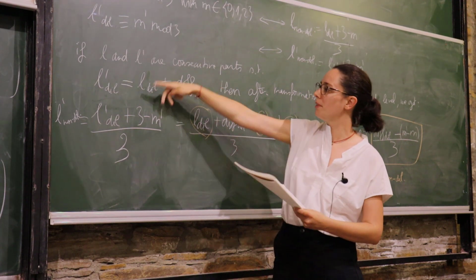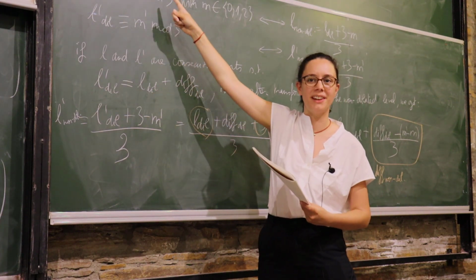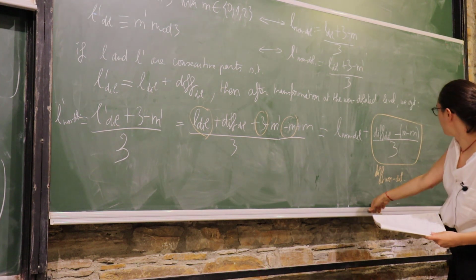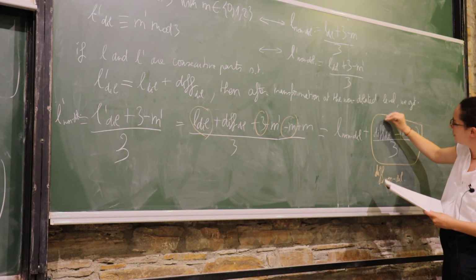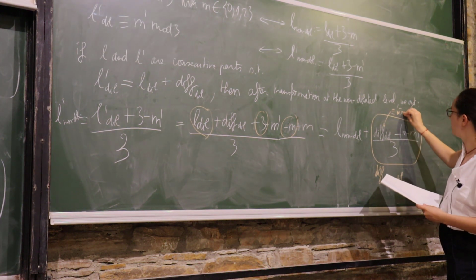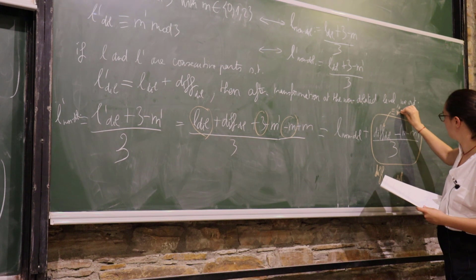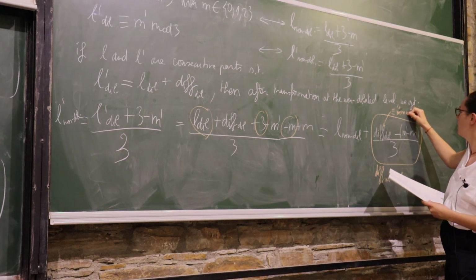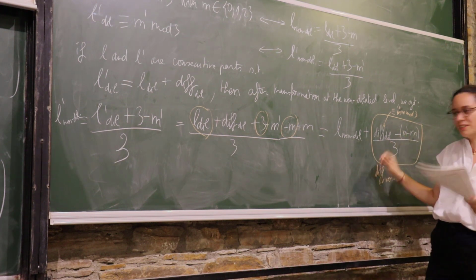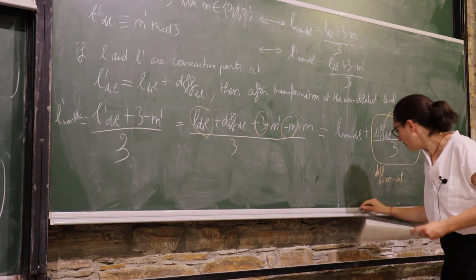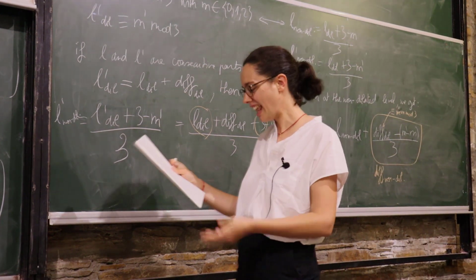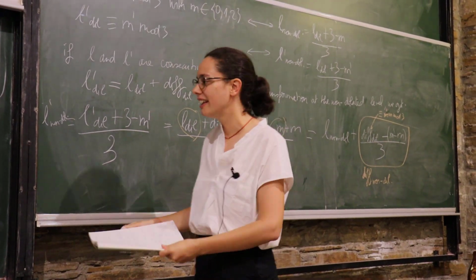So modulo 3, that would be equal to m prime minus m. Maybe I also write that in red. So this thing is congruent to m prime minus m, modulo 3. And we remove m prime minus m, so it's all good, divisible by 3. Okay, so I hope you're convinced. We are not doing anything crazy.